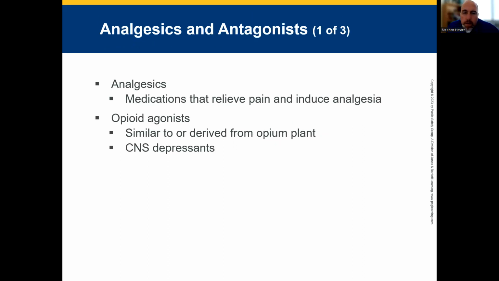Our analgesics relieve pain and induce analgesia, or a sense of pain relief. Opioid agonists are derived from the opium plant, and they're CNS depressants. So fentanyl is one of your opioids.